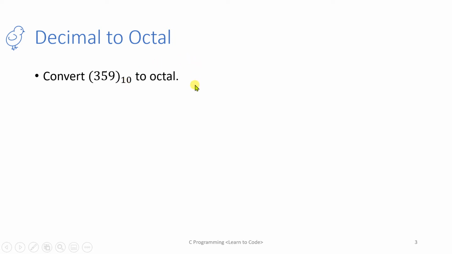So what we have done there, whenever we want to convert a decimal number into binary, we have to divide the given decimal number by 2 and collect the remainder. Okay, the same thing we are going to do over here to convert it into octal. But rather than dividing it by 2, we will divide it by 8. Why 8? Because I want to convert it into octal.